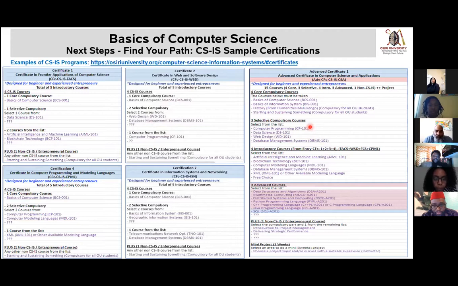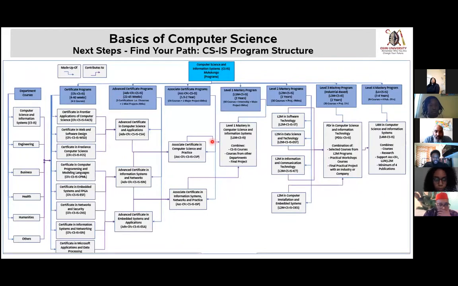This is the same way we formulated the other certifications. If you look at this, basically, if you do software design, you can simply take another program, which is in an advanced, and you can still do a more set of programs to go to the associate.